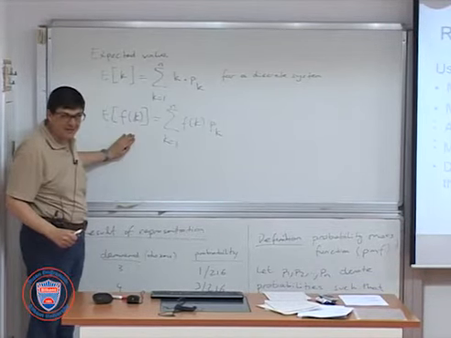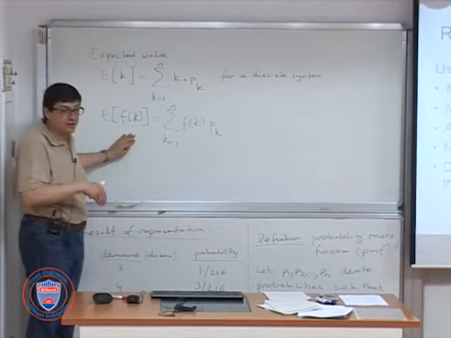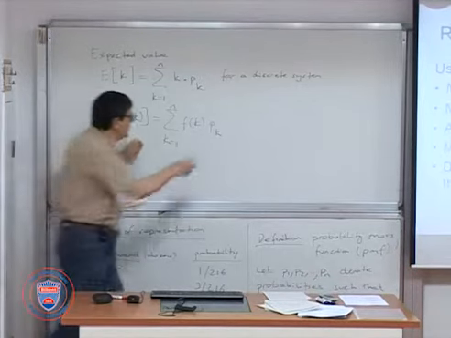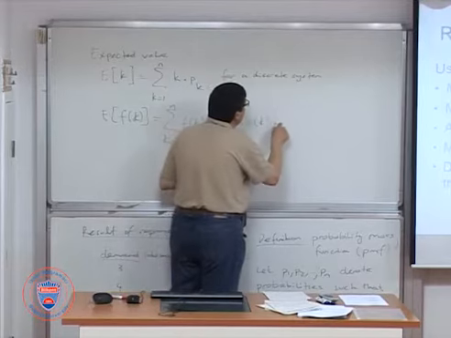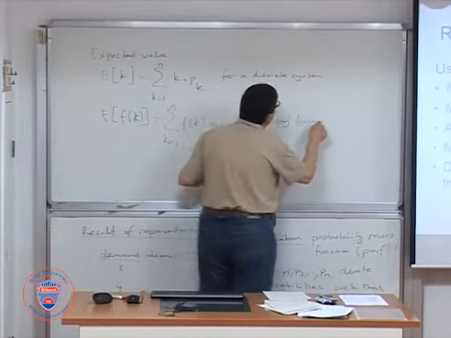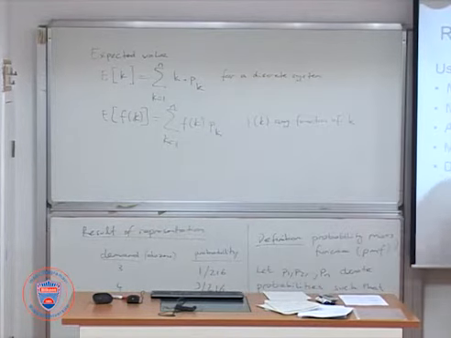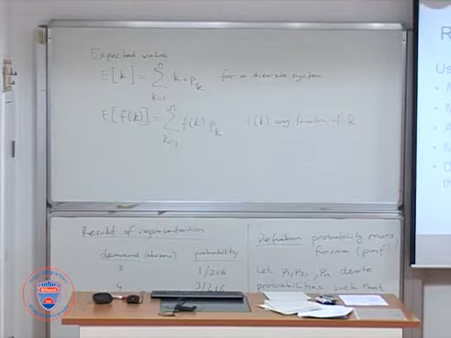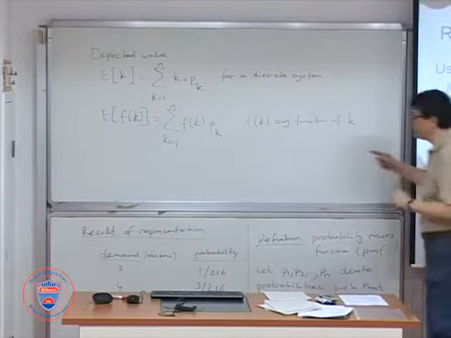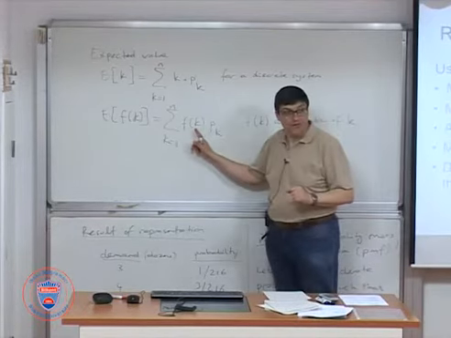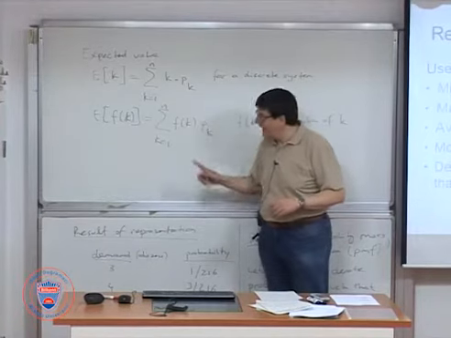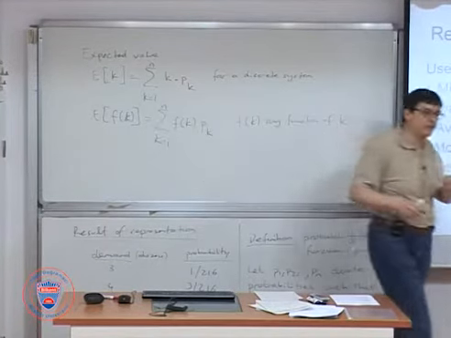This is the expected value for a function of k. So f of k is any function of k. Now, in our case, this function is the profit function. What is k? K is the demand. We don't know which value of demand is going to come, but for each value of demand, we are going to have a profit, and we can compute the expected profit using this formula.